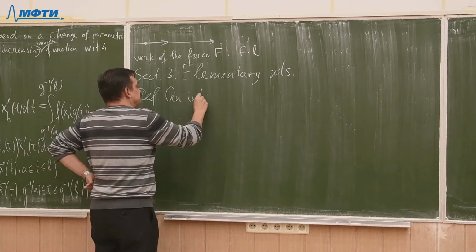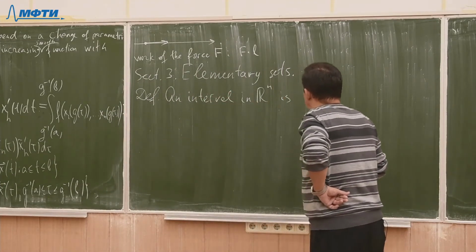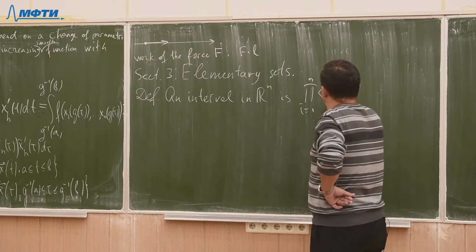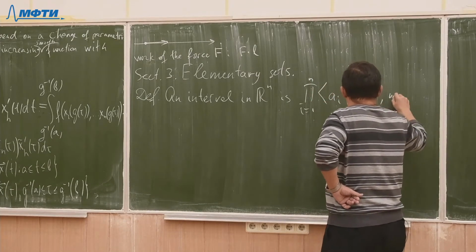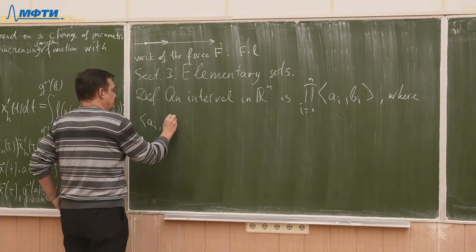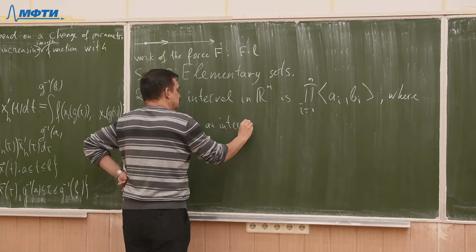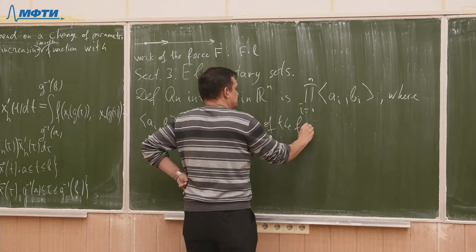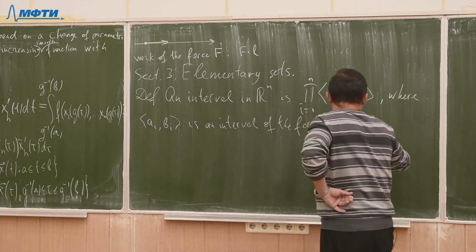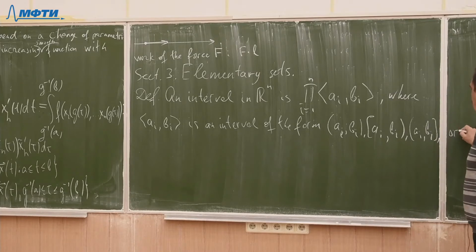An interval in R^n is a product like that, the product for i from 1 up to n of angle-bracket intervals ⟨a_i, b_i⟩, where ⟨a_i, b_i⟩ is an interval of the form (a_i, b_i), [a_i, b_i), (a_i, b_i], or [a_i, b_i], like that, or like that.